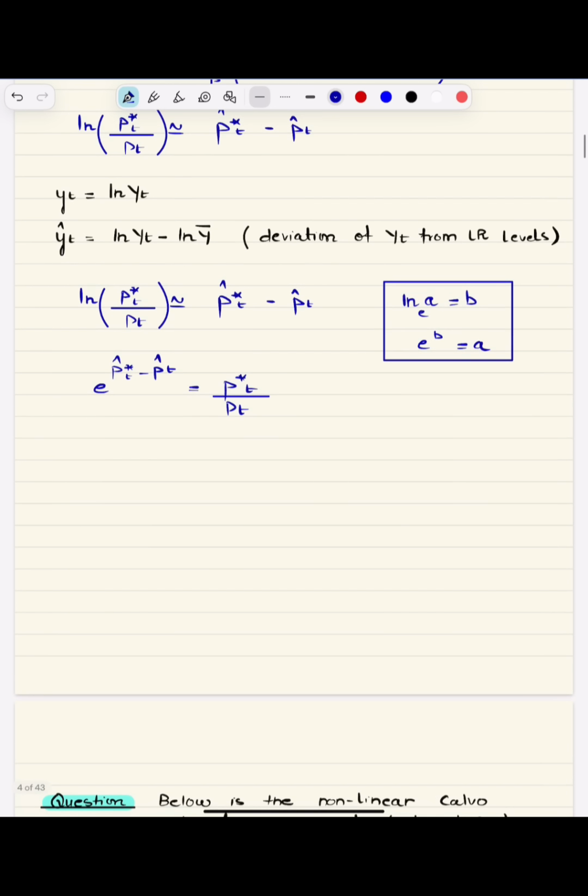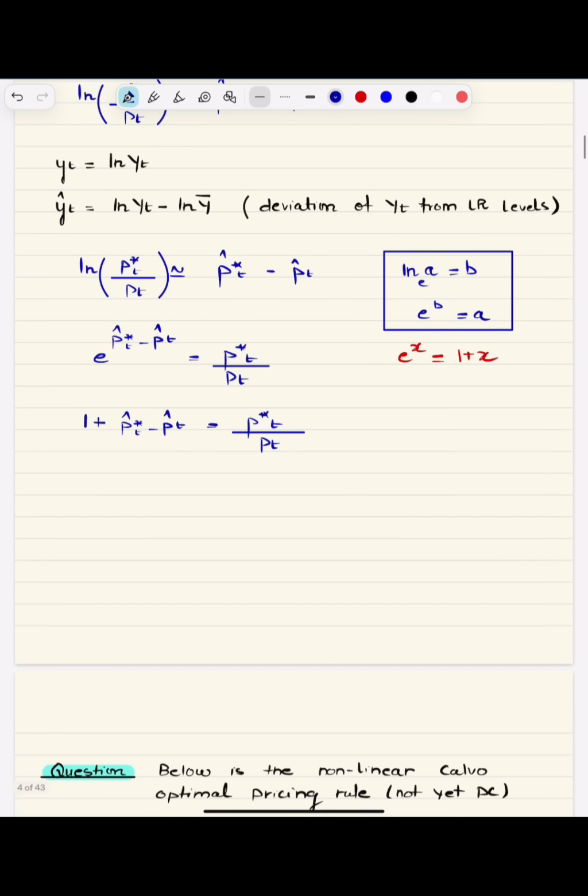And since e to the power x, according to the Taylor expansion around x equals 0, a linear approximation would be 1 plus x. So therefore I can write this as 1 plus this is equal to p star t over pt.